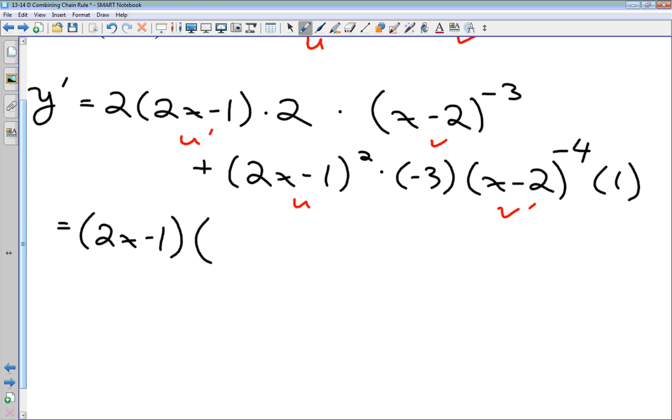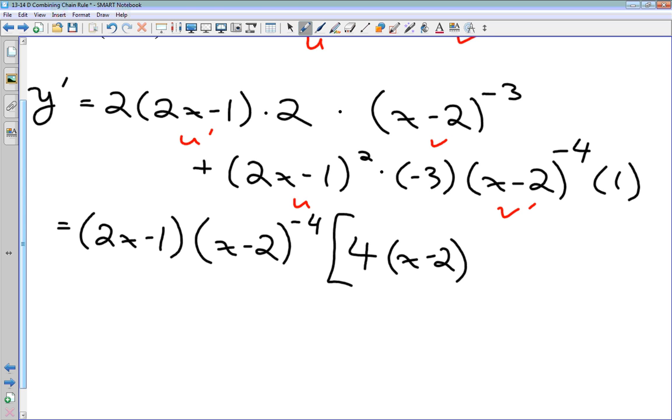So we're going to factor out x minus 2 to the negative 4 because that's the lowest power. What are we left with? The 2 and the 2 give us a 4. We've taken care of the 2x minus 1 from the first term. So we're left with, let's see, x minus 2 to the negative 3 divided by x minus 2 to the negative 4 is going to give us just x minus 2.